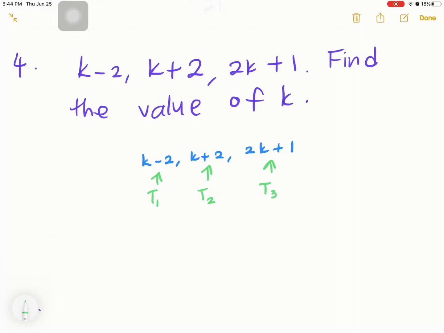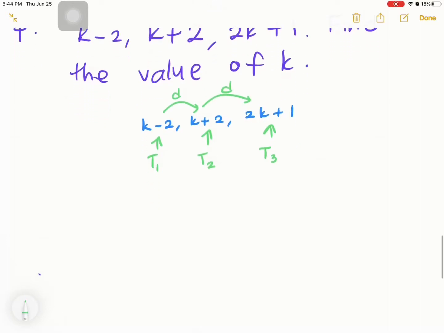And we also know that the common difference of T1, T2, and T3 is the same. They are all the same. So what we do is that we find the D, which is T2 minus T1, or other than finding D by subtracting T2 and T1, we can also find D by subtracting T3 minus T2, right? So let's do this together.